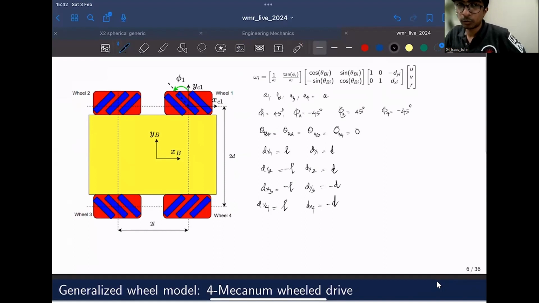Once you substitute everything onto this generalized wheel model and repeat the process, you will end up with the wheel configuration matrix for the mecanum wheel drive.